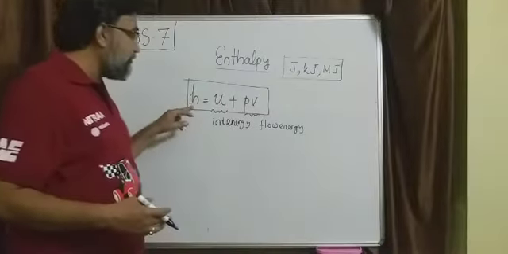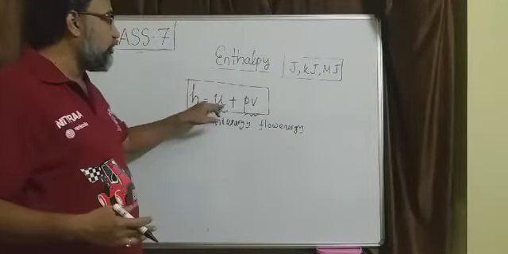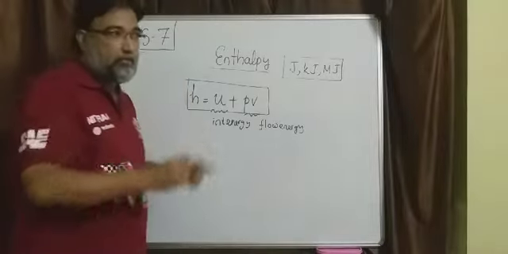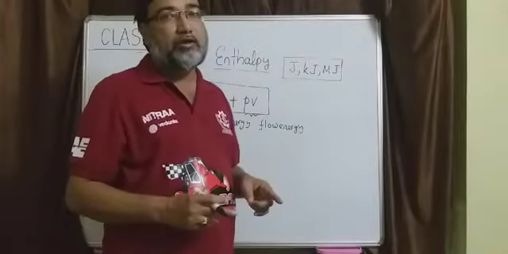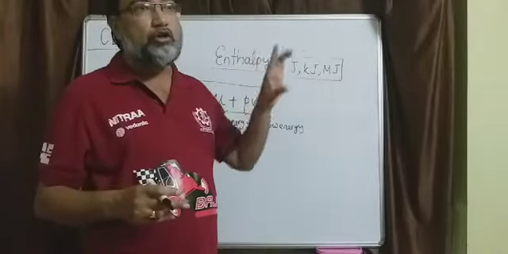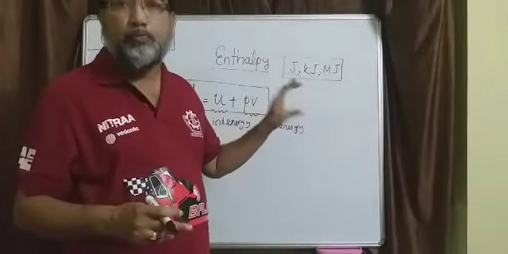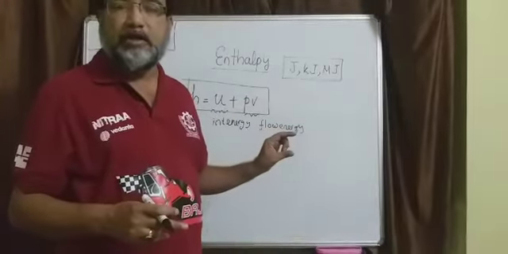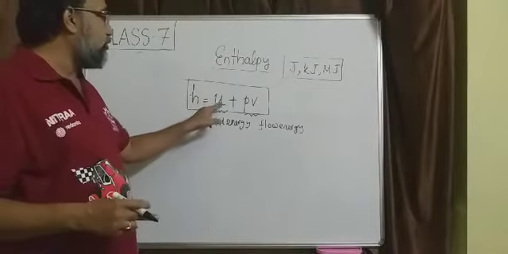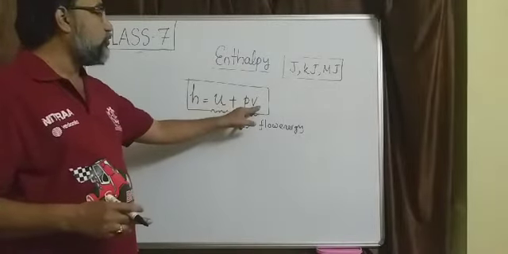Now, since I have denoted it as small h and small u, you must understand, if you recall my last class on intensive and extensive properties, we denote the total internal energy as capital U and the specific internal energy as small u. So I have written the statement: small h is equal to small u plus P into small v.